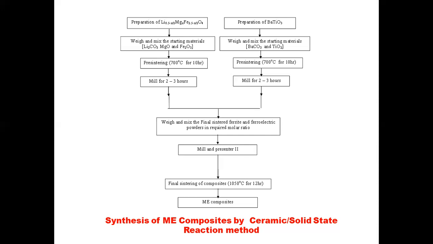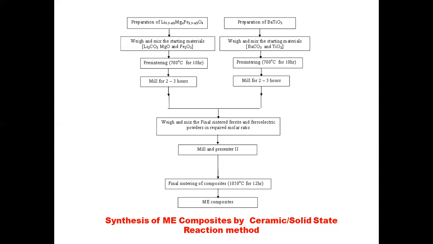These three starting materials should be weighed with high accuracy in a digital weighing machine, according to the chemical formula used, and the amounts of these oxides are determined by calculation.